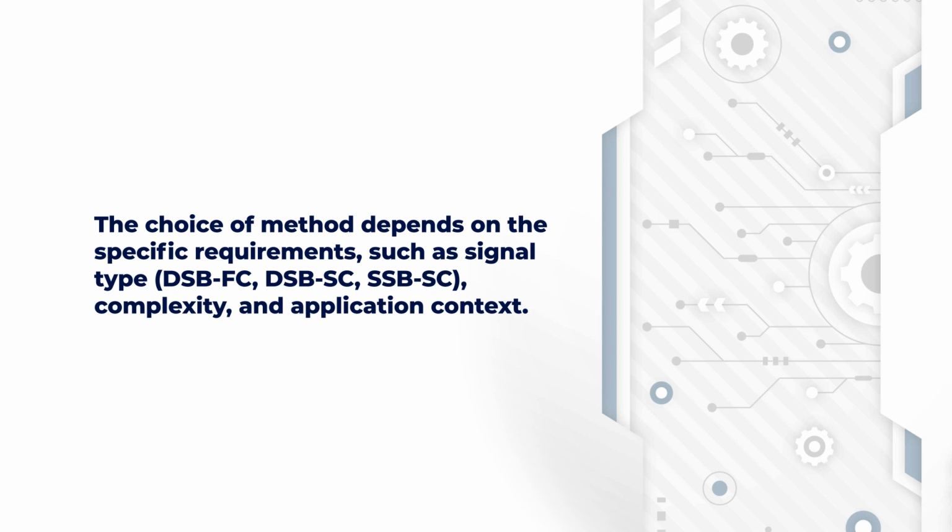The choice of method depends on specific requirements, such as signal type, which may be double sideband full carrier, which is the standard amplitude modulated wave, double sideband suppressed carrier, or single sideband suppressed carrier, complexity, and the application context.